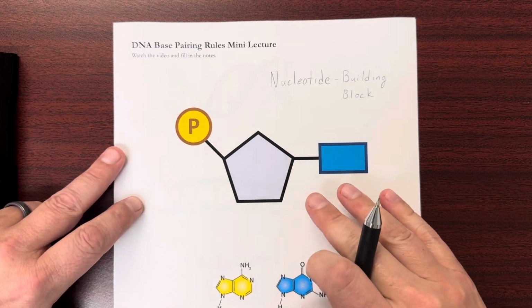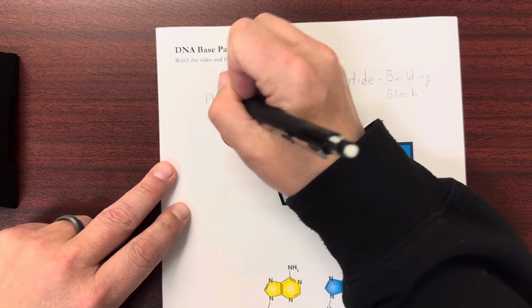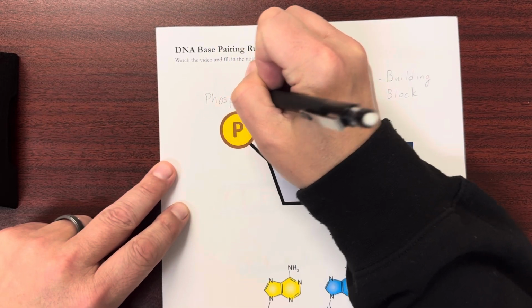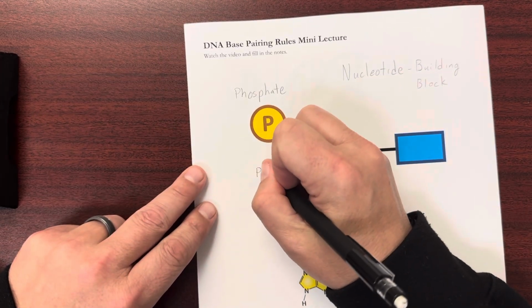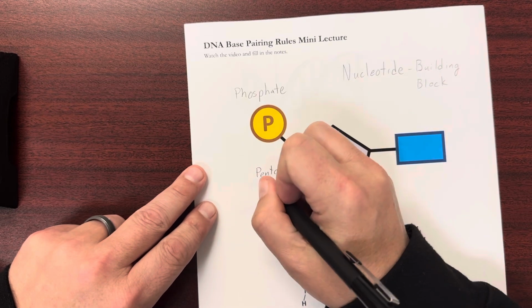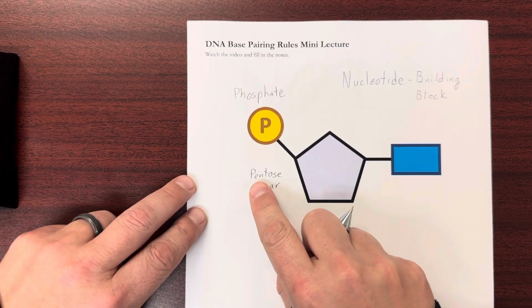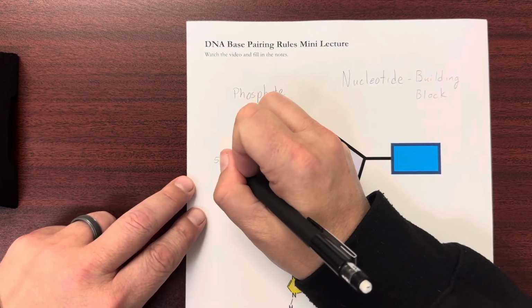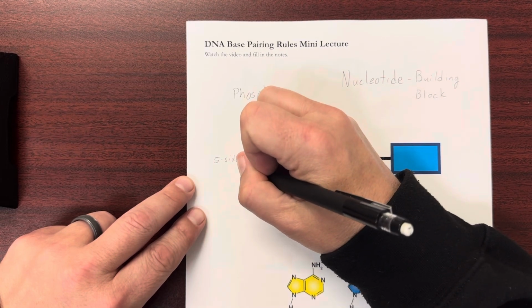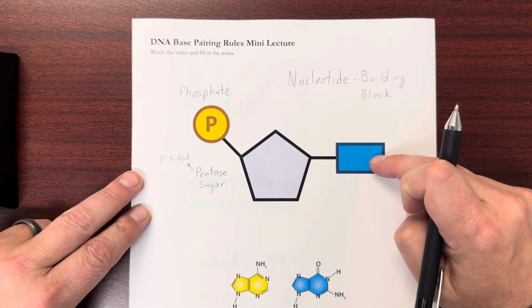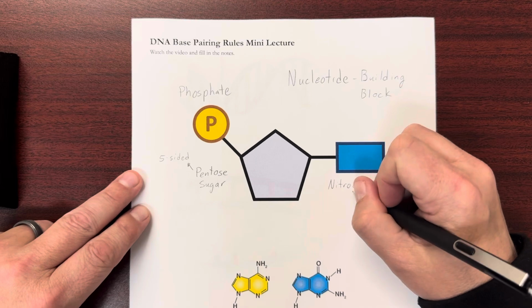And we've got three parts to this nucleotide. We've got a phosphate here. Down here is a pentose sugar. And pen is going to be 5, so this is a 5-sided sugar. And then over here is just generic, this is our nitrogenous base.